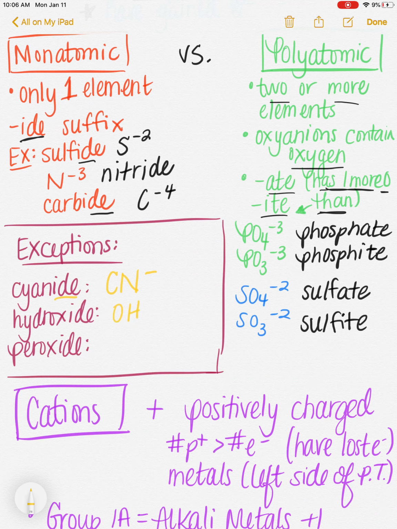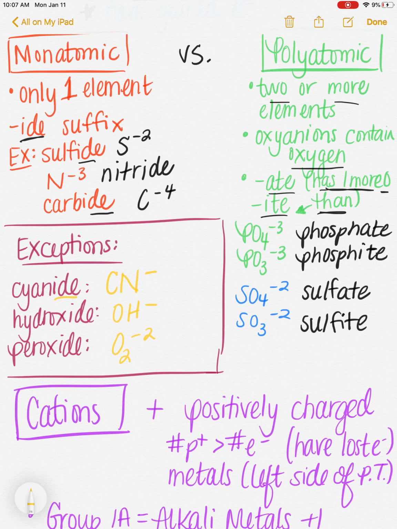Hydroxide is OH- instead of being a monatomic ion. Peroxide is O2 2-, and you will eventually come across other polyatomic ions like that don't fit the rules, but the rules that I've given you are going to encompass the vast majority of cases.